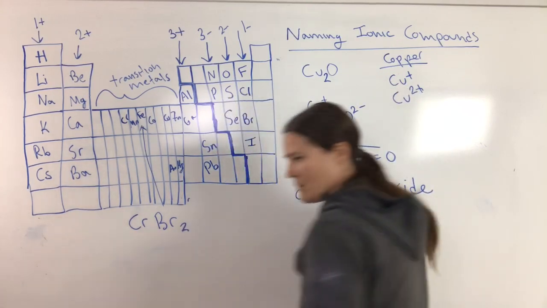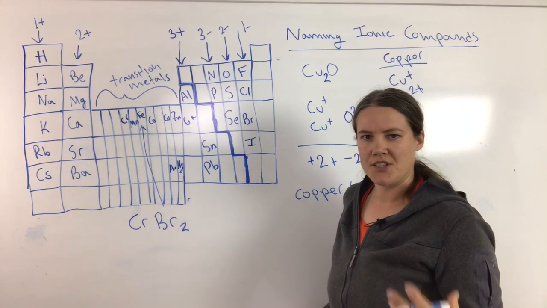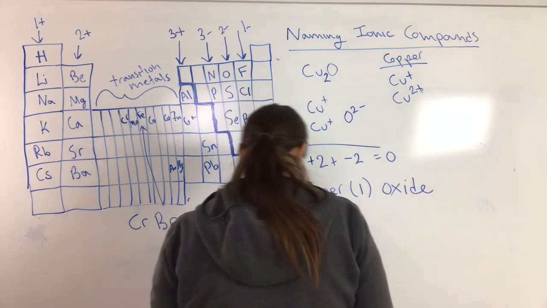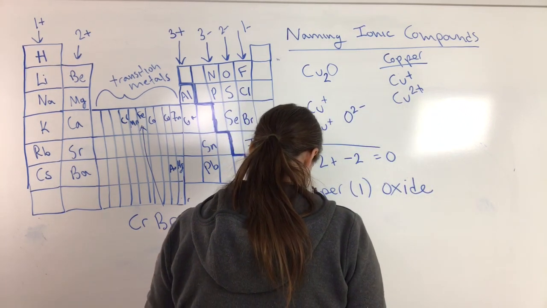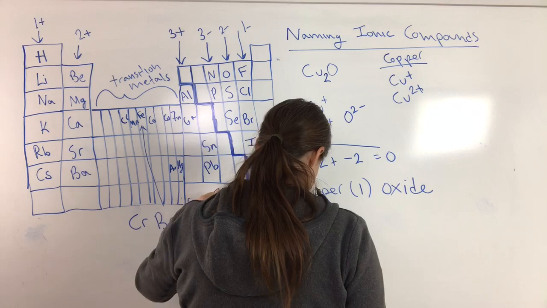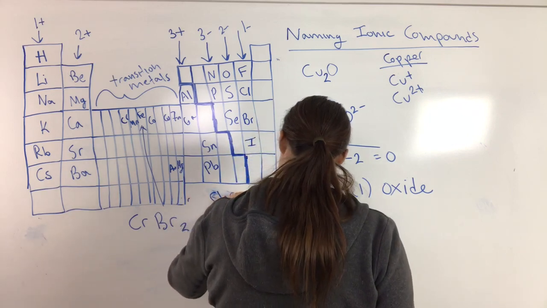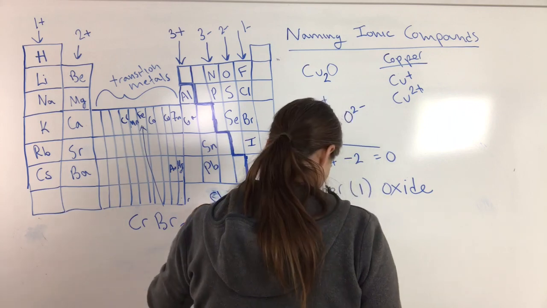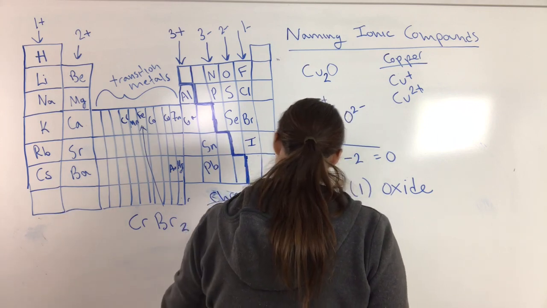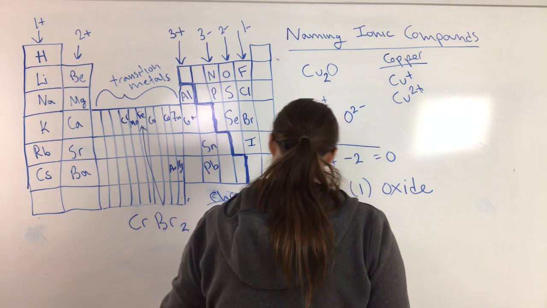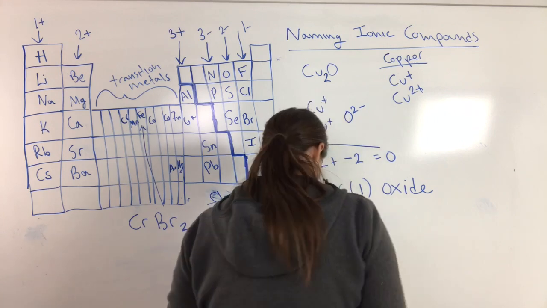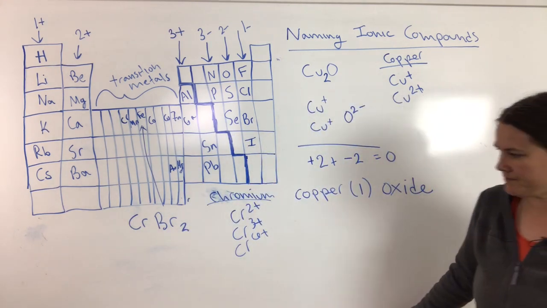And if you didn't know what the charges were that chromium can form, we could look that up. So chromium will form a 2+ charge, a 3+ charge, and a 6+ charge.